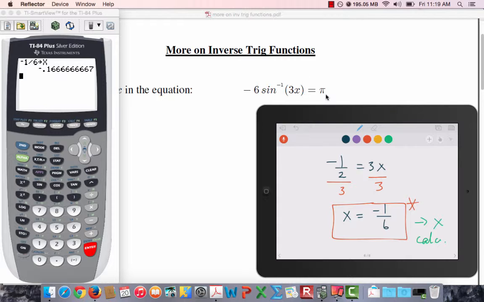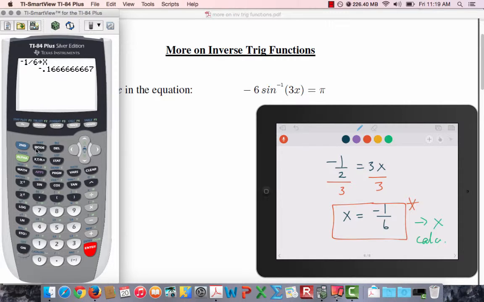Something we will want to be sure of is that our calculator is in radian mode. Notice that we have the inverse sine of some value equal to an angle, and that angle, pi, is given to us in radian mode. So let's get our calculator into radians so that our answer comes out clean.